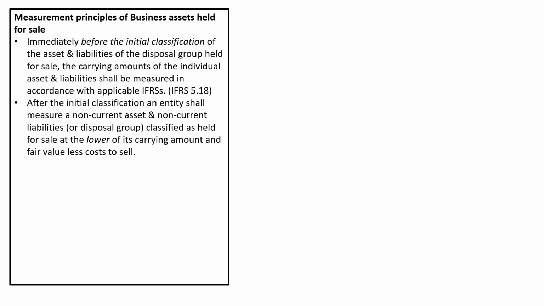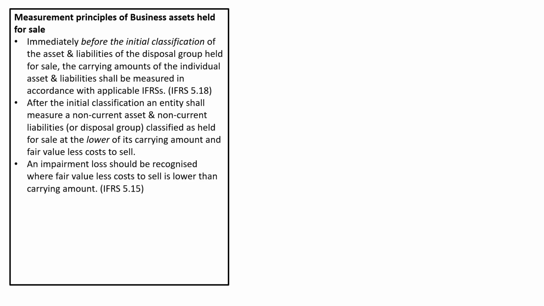After the initial classification, an entity shall measure a non-current asset and a non-current liability or disposal group classified as held for sale at the lower of the carrying amount or the fair value less cost to sell. An impairment loss should be recognized when the fair value less cost to sell is lower than the carrying amount.